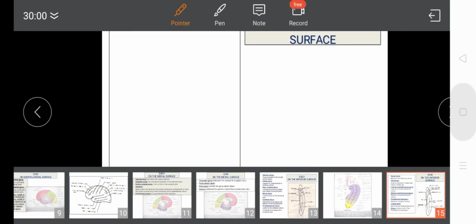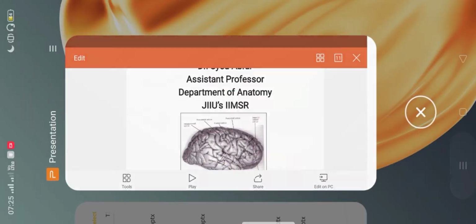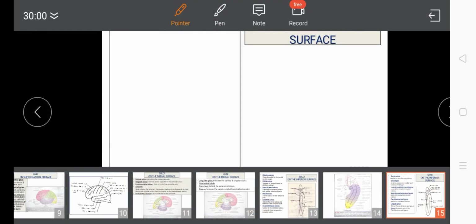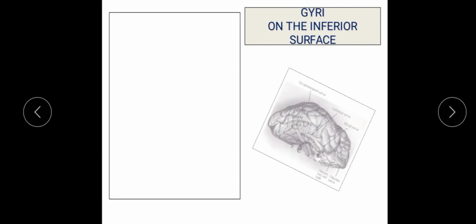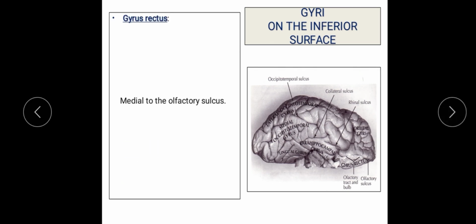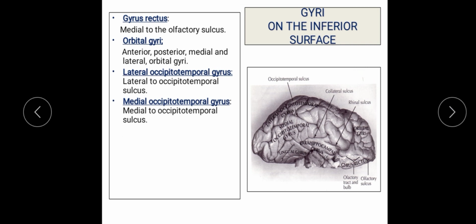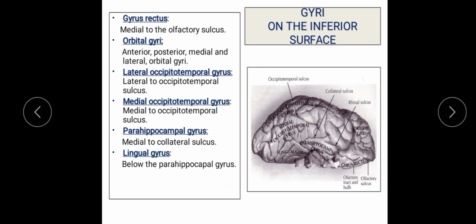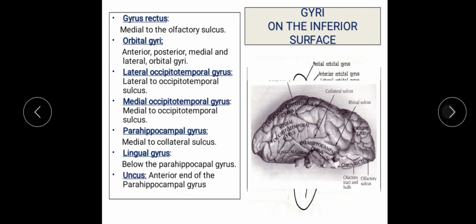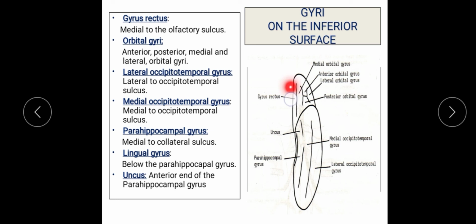And the gyri on the inferior surface, there are different gyri on the inferior surface. First is the gyrus rectus, which is medial to the olfactory sulcus. This one is the gyrus rectus, area between medial orbital border and the olfactory sulcus.